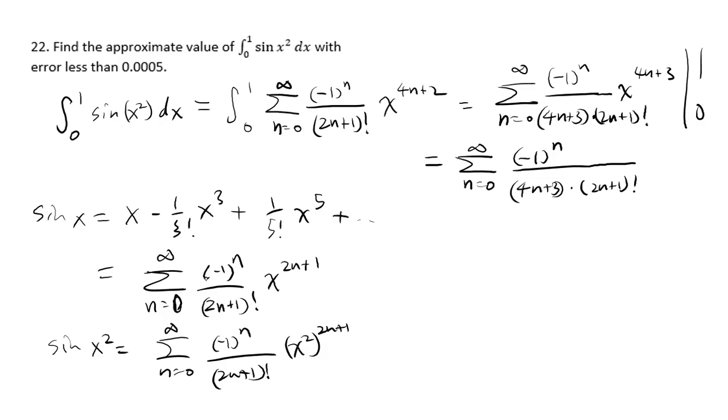Now, as you notice here, this is an alternating series, so we know that a_(n+1) is the error for the partial sum S_n, which means we have to figure out when to get this.